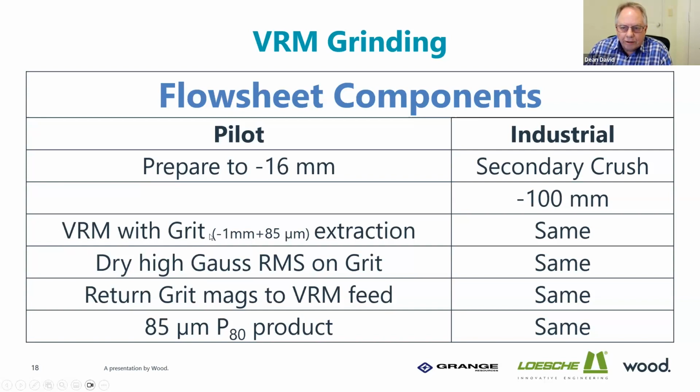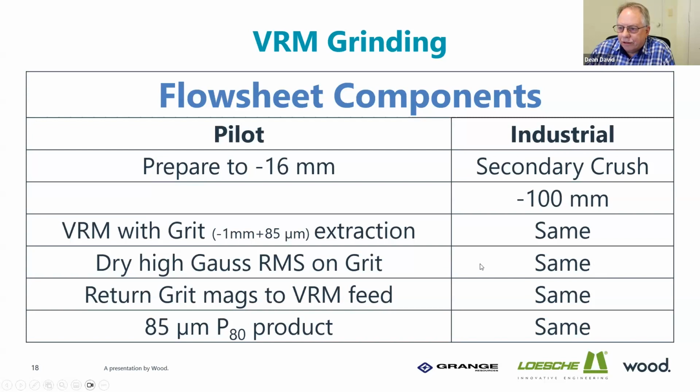We're looking at grit extraction, and I'll explain what that is. We could eventually achieve grit extraction in a pilot situation exactly the same as would happen in practice. You need to use dry, high Gauss RMS, rougher magnetic separation on those grits to reject a coarse fraction.